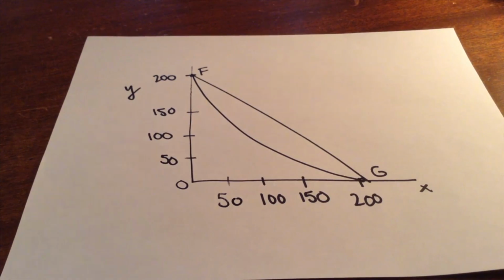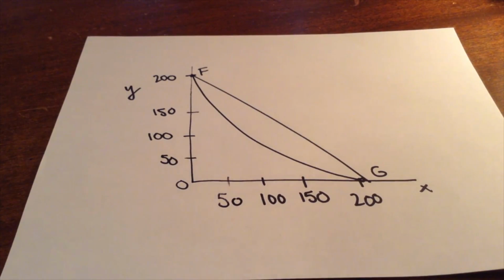About the figure, it says, the curve y equals 0.005 x squared minus 2x plus 200 for 0 is less than or equal to x is less than or equal to 200, and the line segment from F, 0, 200 to G, 200, 0 are shown in the standard XY coordinate plane below. So problem 32 says, what is the y coordinate for the point on the curve with x coordinate 20?